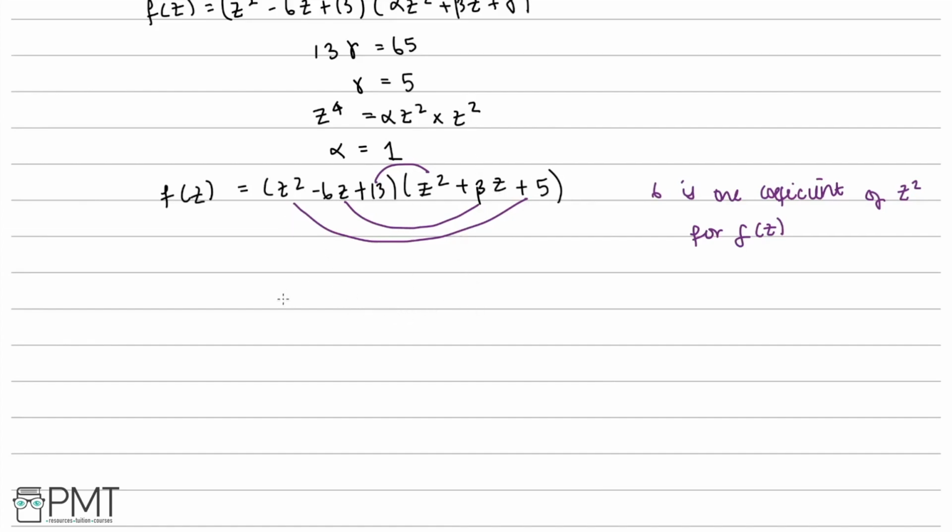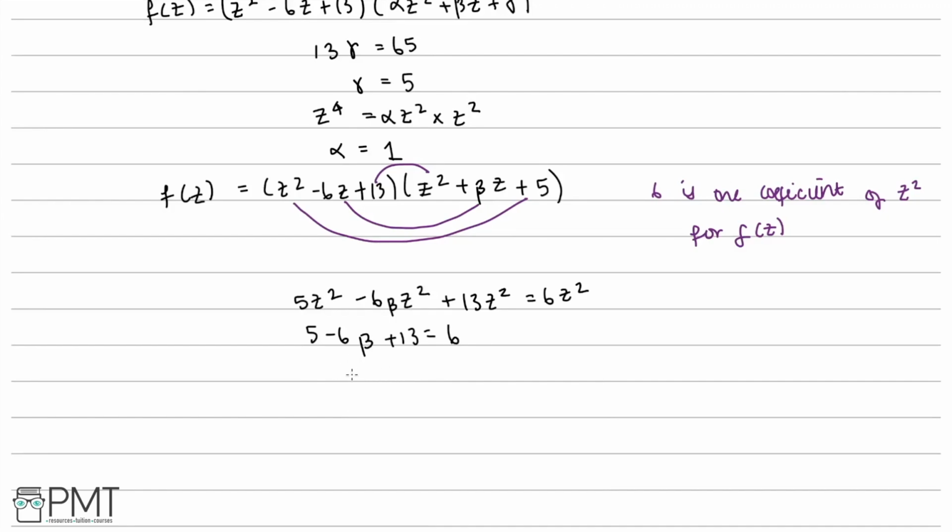As such, we know that the z squared terms are 5z squared from this multiplication, minus 6 beta z squared from this multiplication, and 13z squared from this multiplication. And we know that this has to be equal to 6z squared. Now let's divide all of this by z squared. Now we can just solve for beta.